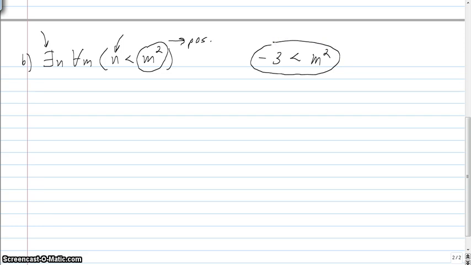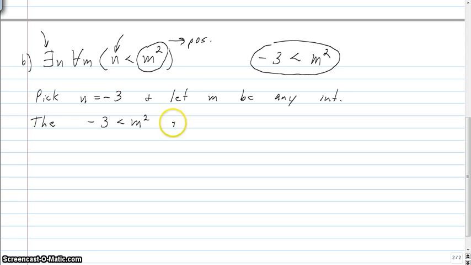So you could say something like pick n to be -3, or whatever negative number you like, and then we're going to let m be any integer. Then -3 is less than m squared. That's true no matter what integer value m is. So this is always true.